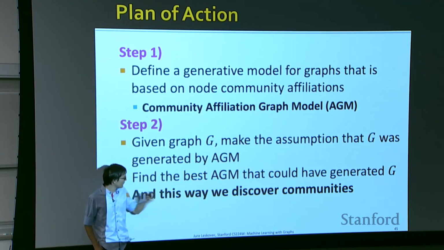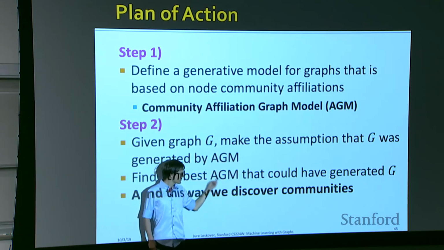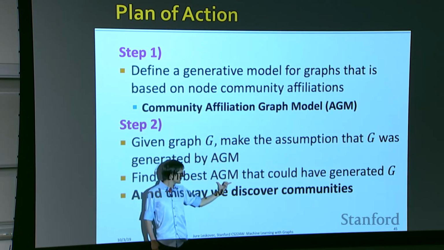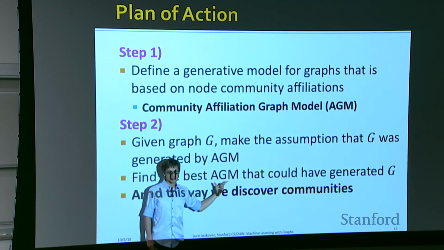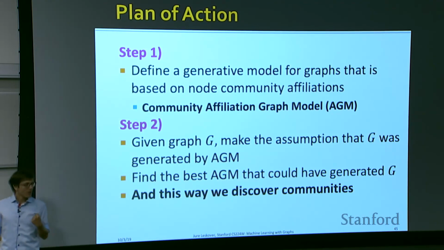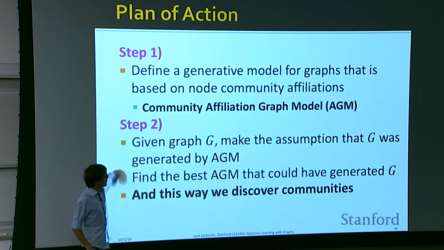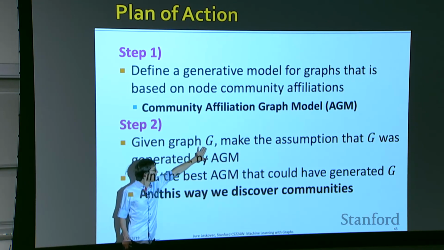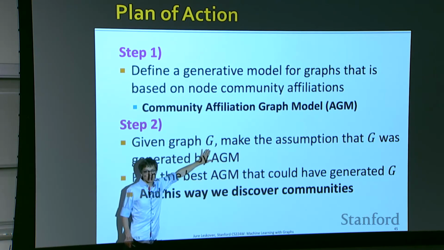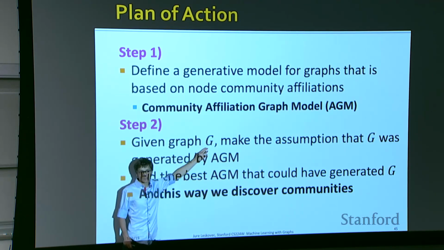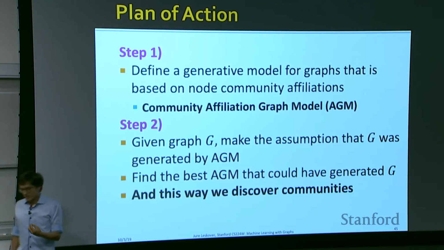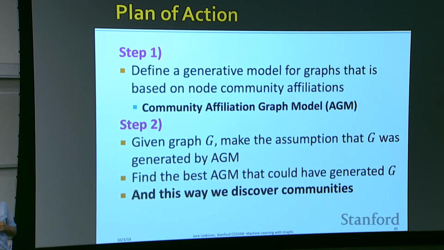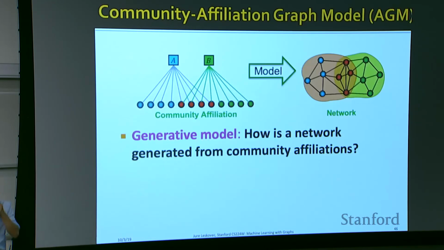The reason we'll discover communities is that the way this model generates the edges of the graph is based on the membership of nodes to communities. So essentially, we are making this assumption. We design a generative model. We assume that our data comes from the model, and then we ask, what are the model parameters that could have generated the data? And the model parameters will tell us how nodes belong to communities. That's the idea. Okay?